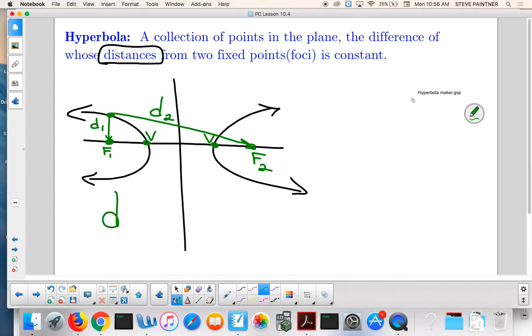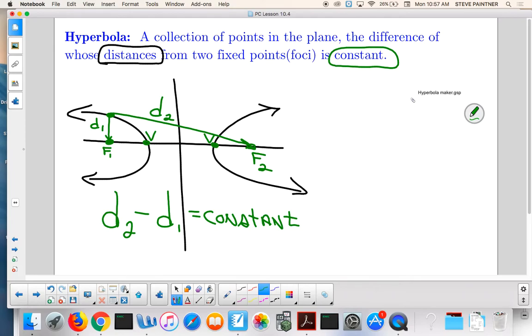If you take the two distances and you subtract them, you're always going to get what? A constant number. And what's that constant number? Oh, who knows? It could be 5, it could be 10, 20. And that's all they're trying to tell you.